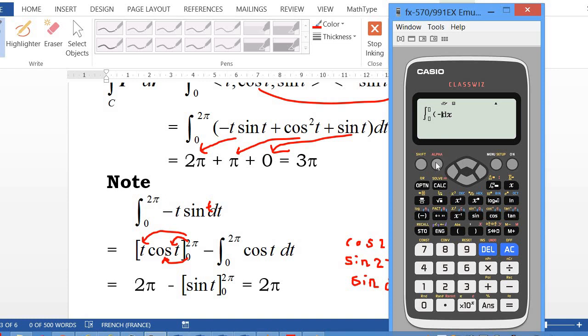So negative alpha x sin alpha x, plus cos squared x. So I make a bracket: cos alpha x plus it, I square it, and then plus sin x, and then from 0 to 2 pi.